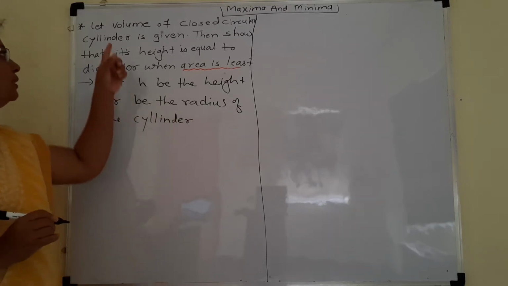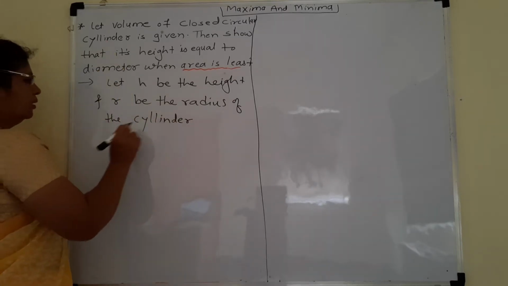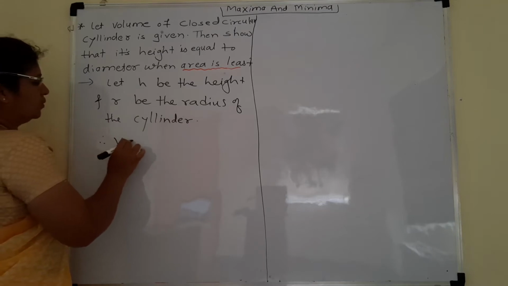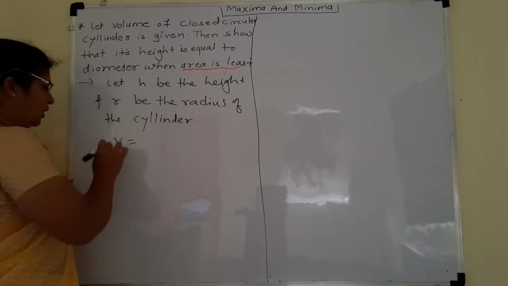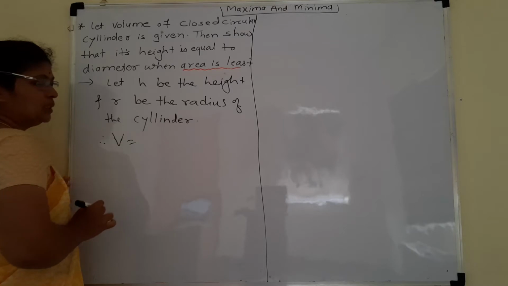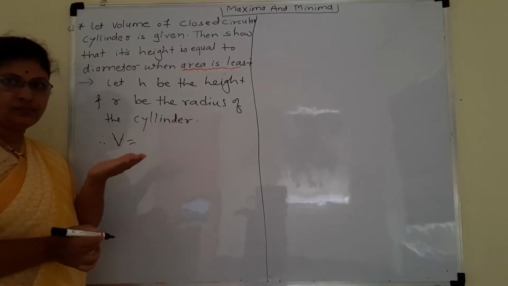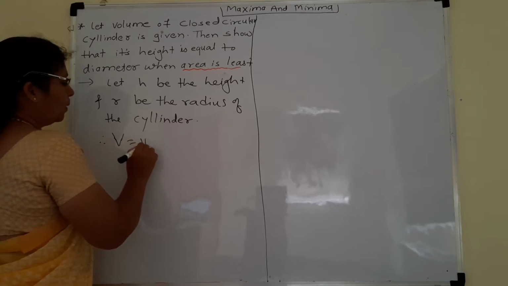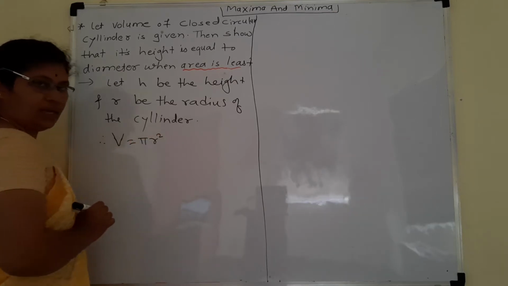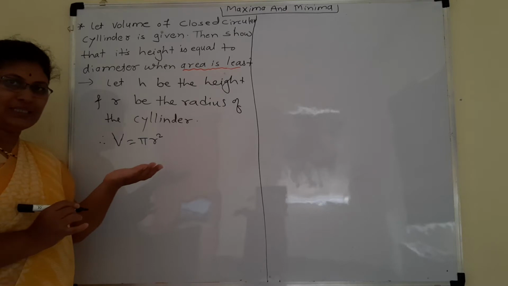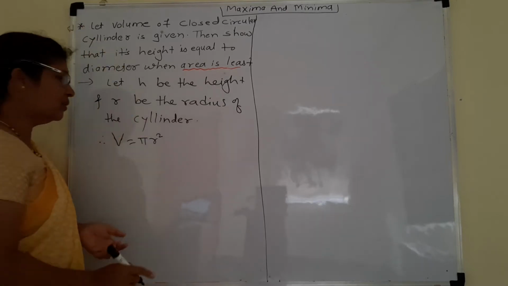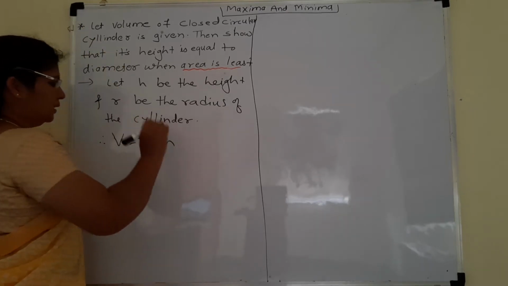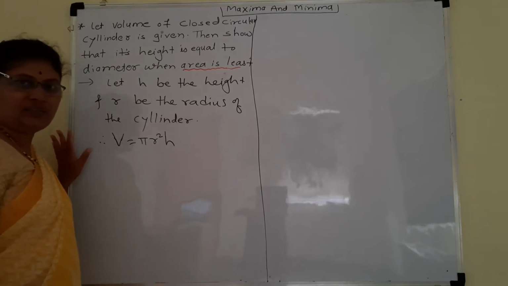What is the formula for the volume of this cylinder? V is equal to pi r square into height. Pi r square is the area of the base circle, into height, that is nothing but the volume of the cylinder. It is pi r square h.